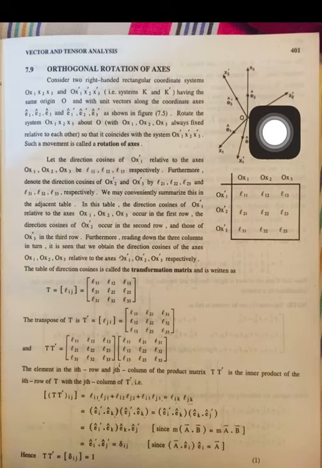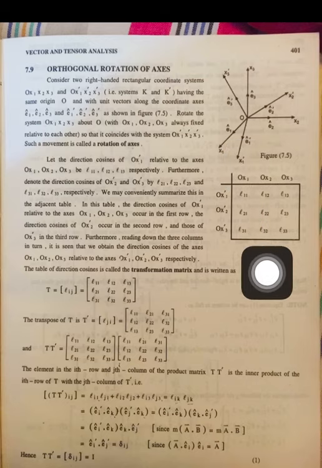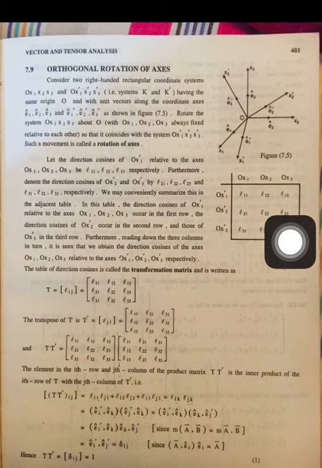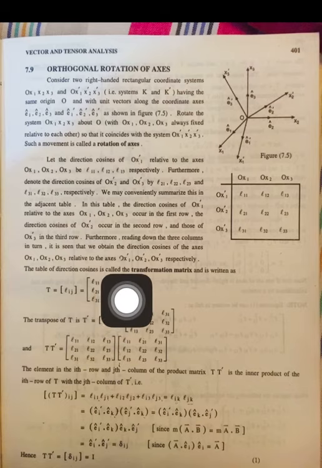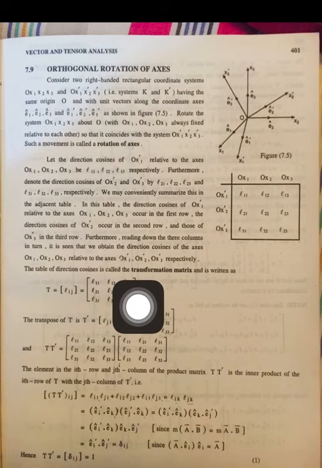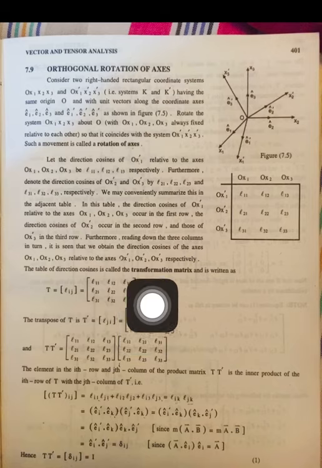Now further, I have this table and this is known as the transformation matrix, and it is written as T equals Lij. We studied the definition of Lij earlier. In matrix form, I can write it as L11, L21, L31, L12, L22, L32, L13, L23 and L33.